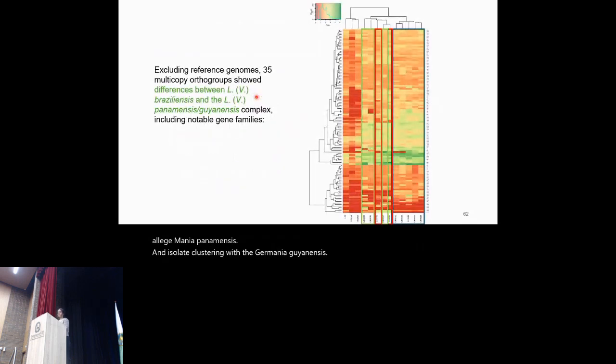Excluding reference genomes, 35 multi-copy orthogroups show differences between Leishmania brasiliensis and the Leishmania panamensis guyanensis complex, including notable gene families. So here are the 35 multi-copy orthogroups, and this corresponds to the different species. And as we can see, there are different multi-copy gene families shown here.